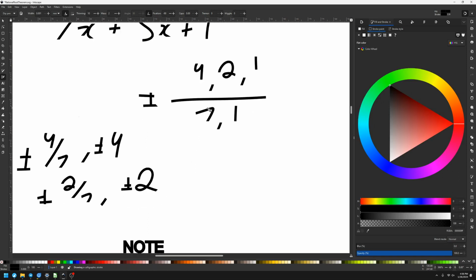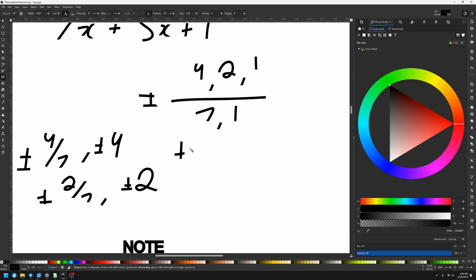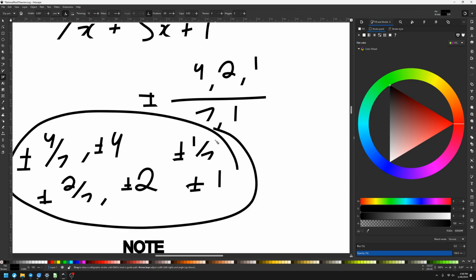Okay, since we're done with the cases for 2, we can move on to 1. And we're left with plus or minus 1 over 7, and then plus or minus 1 over 1, which is 1. And these are our possible roots that are rational for this polynomial.